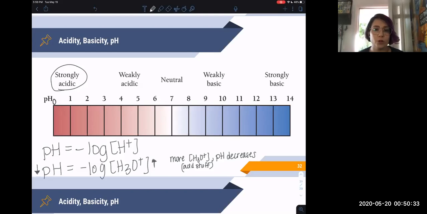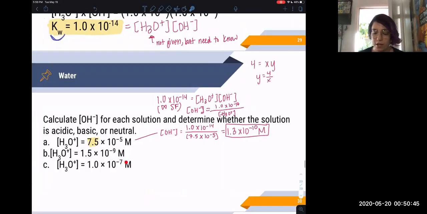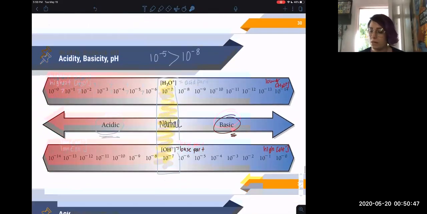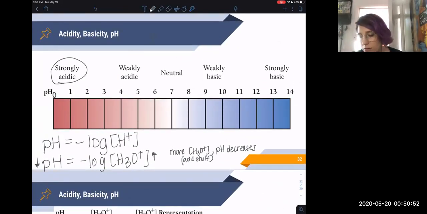And you may know a little bit of this already. Do not be afraid of this equation. Just press the button on your calculator. Just log and then the number of your concentration, the same kind of concentrations we've been playing around with here. P means negative log. I want you to remember this because we're going to be using P of other things. P is equal to negative log.